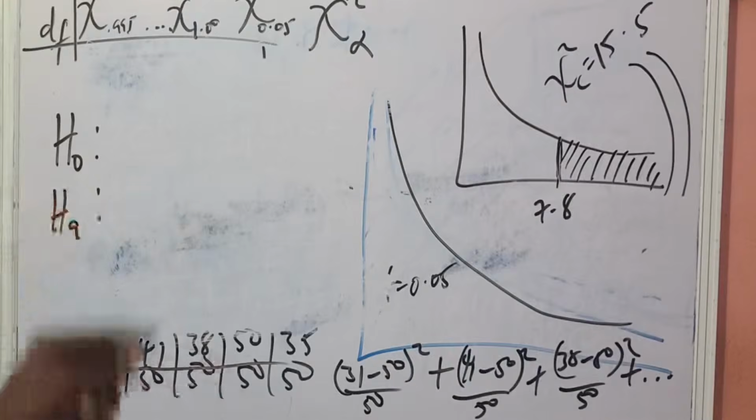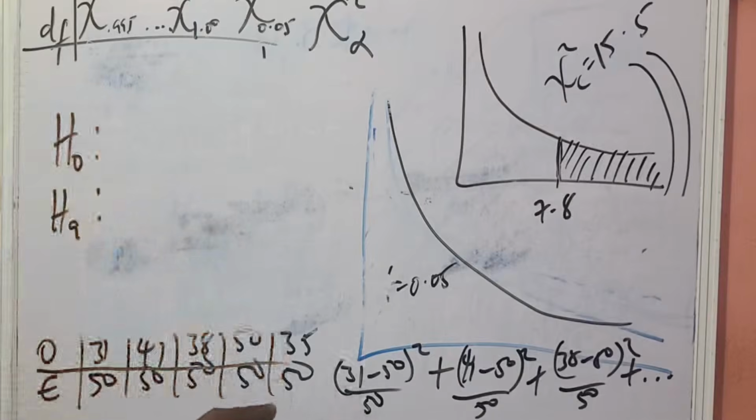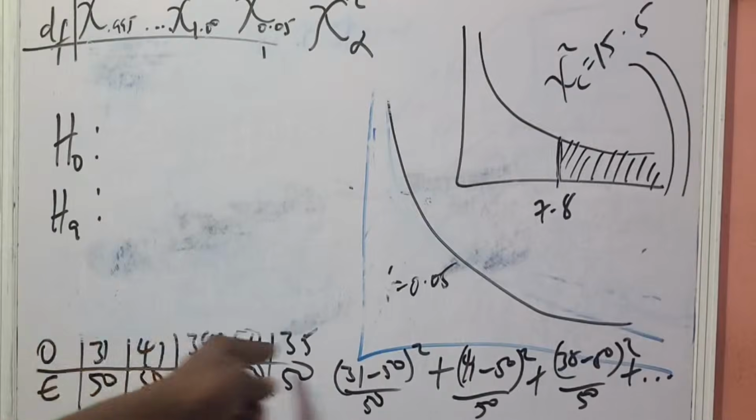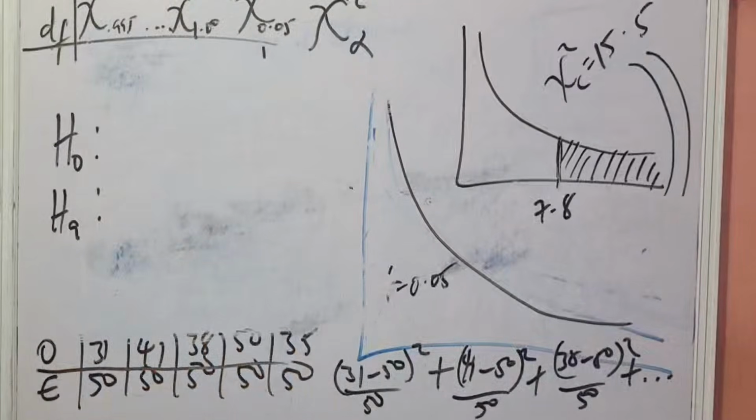On Tuesday, they expected 50. On Wednesday, 50. On Friday, they expected 50. Now, they went on to observe for a week. Of course, don't forget that's like the sampling, because this was the expectation for every day of the week. They then picked a week to observe whatever was happening in that class. They discovered that 31 were absent on Monday, 41 on Tuesday, and so on and so forth.